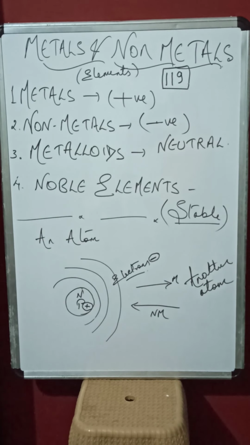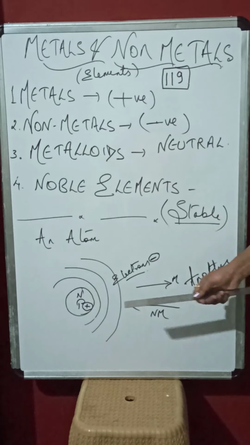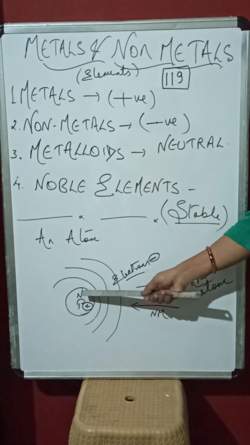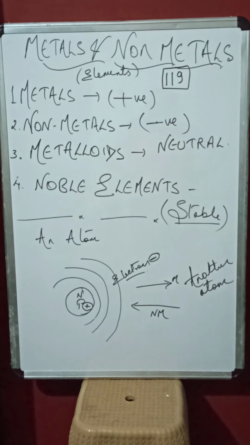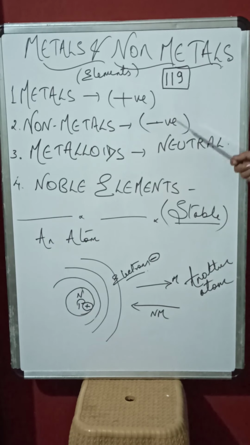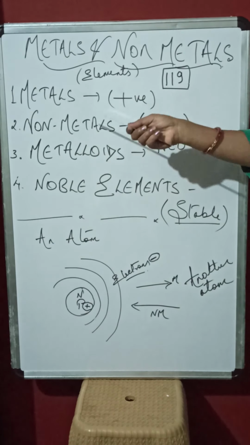As you all very well know, electrons are negatively charged particles, protons are positively charged particles and neutrons have no charges at all.